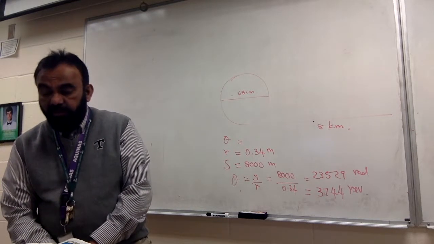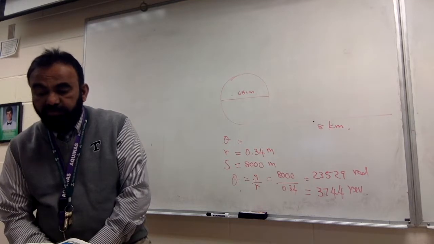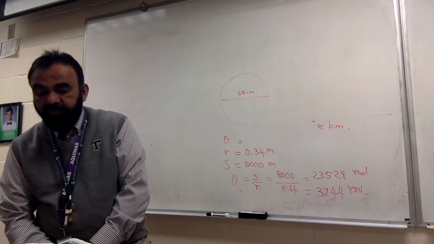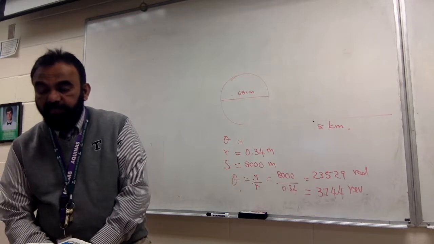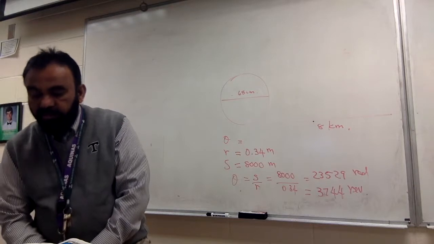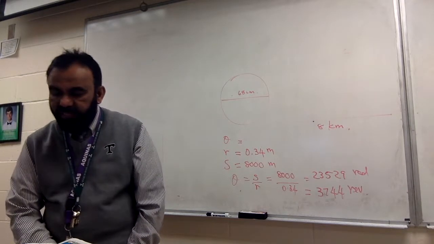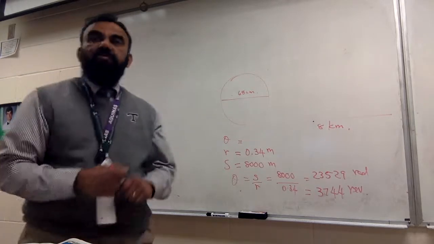An automobile engine slows down from 4,500 RPM to 1,200 RPM in 2.5 seconds. Calculate the angular acceleration.